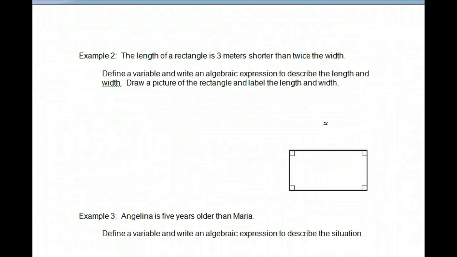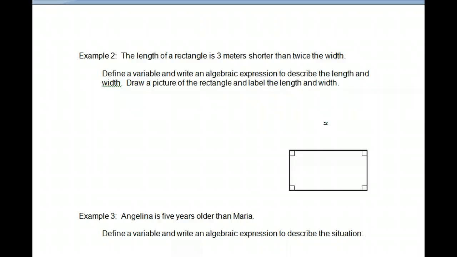Let's look at example 2. In example 2, it says that the length of a rectangle is 3 meters shorter than twice the width. We have to define a variable and write an algebraic expression to describe the length and width.